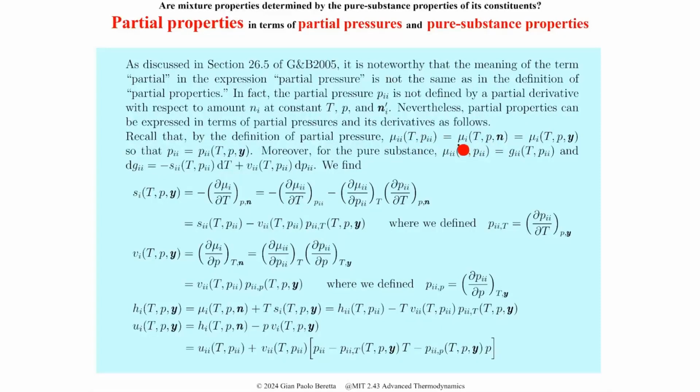So if you take the differential of this relation here, which defines the partial pressure, and then remember that the derivatives of the chemical potential are the partial properties, then that is where that relation comes about. And here are the details. So if you like to take derivatives, this is how you can practice it. So I'm not going to explain the details here.